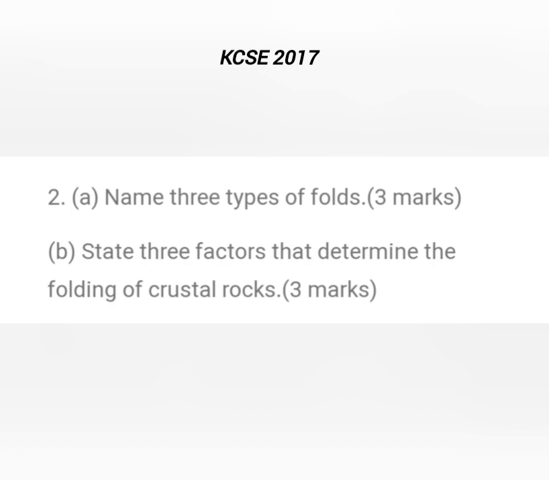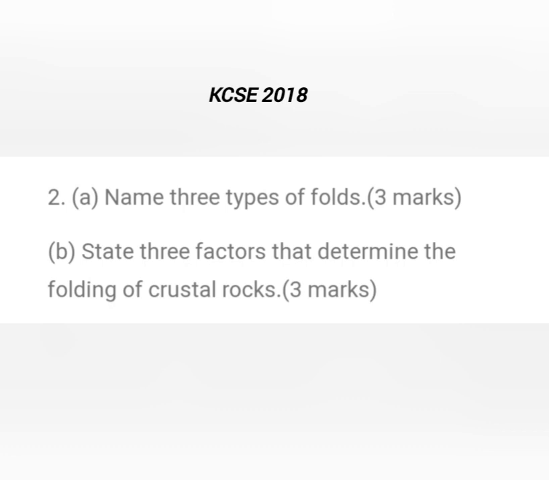And our last question in folding was tested in 2018. If I was a geographer, then I would really revise this topic because there's a high possibility it might be tested very soon, maybe even this year. So question 2a, name 3 types of folds. That again is a repetition.